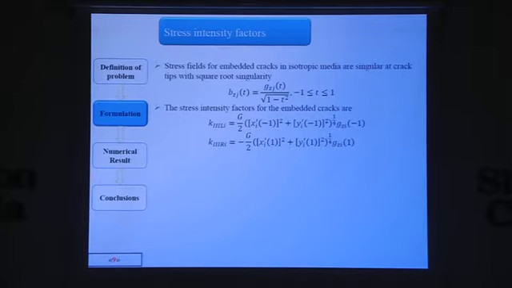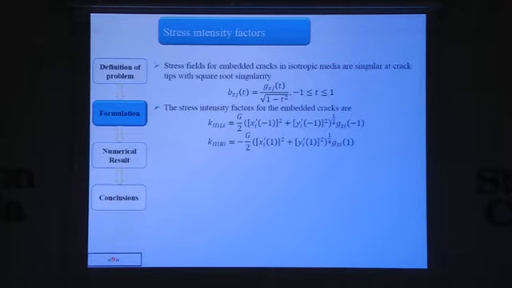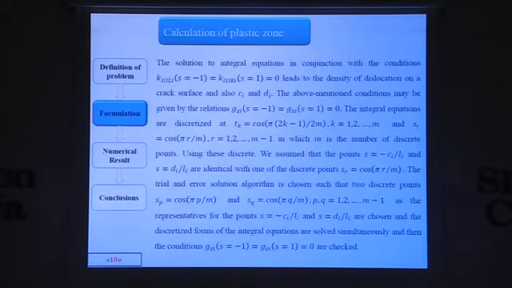We will solve the integral equation. After finding the Bz here, by introducing this change of variable, we can find Gz and we can find the stress intensity factor for embedded cracks. And by applying the regularity of the stress in new tips, I mean the tips of the extended crack, I mean these relations, we can solve the integral equation numerically.